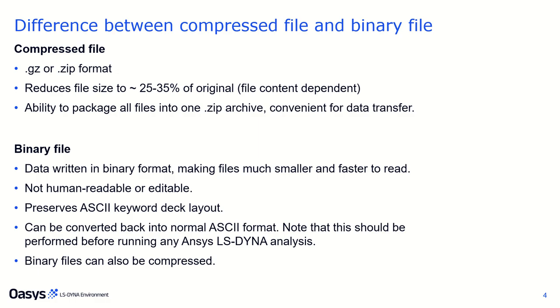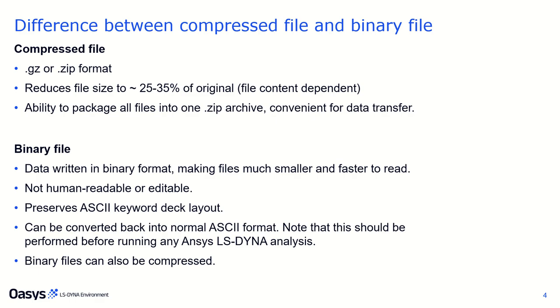A compressed file, you typically see as .gzip or .zip format, depending on whether you compress it with Linux or Windows. And if we compare the file size of a .zip or .gzip file to the original model, we normally see it as around 25 to 35% of the original model size, which is quite a big reduction.